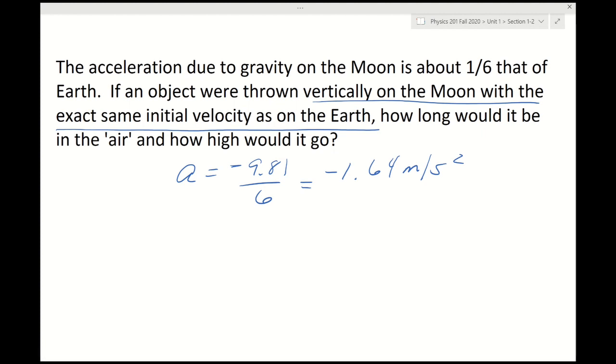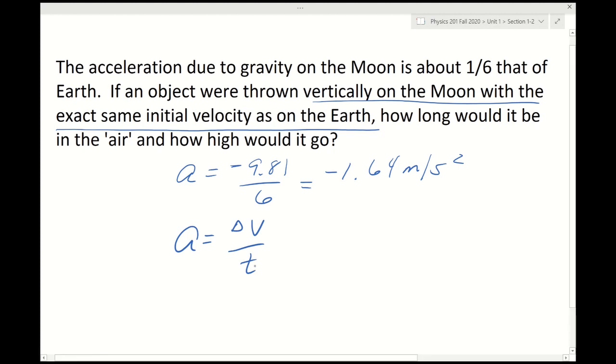Well, one of the ways to think about it is that when a ball goes up, at the very top it has a velocity of 0, and then it comes back down.